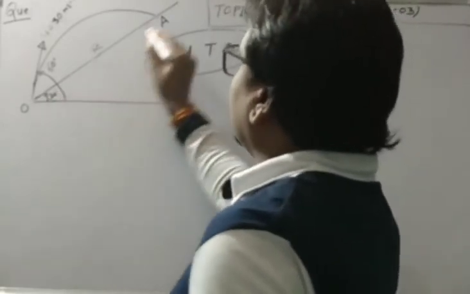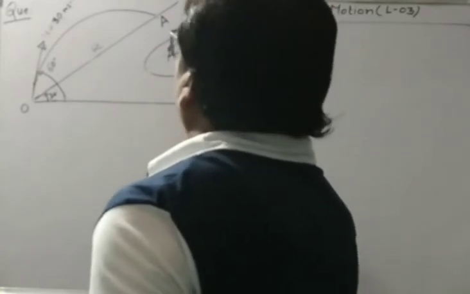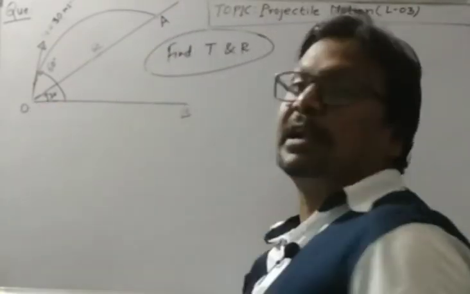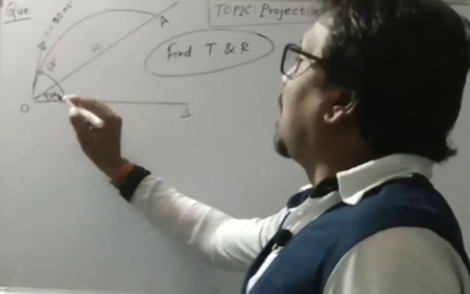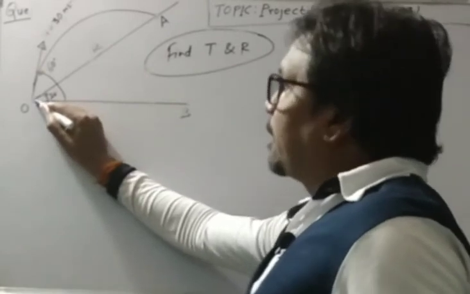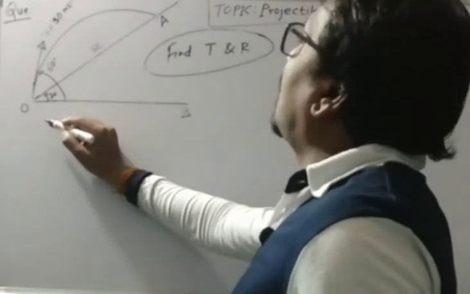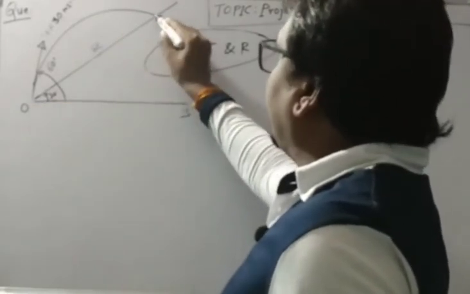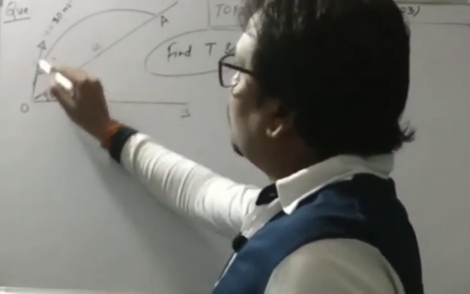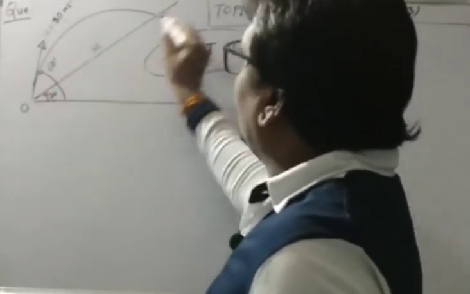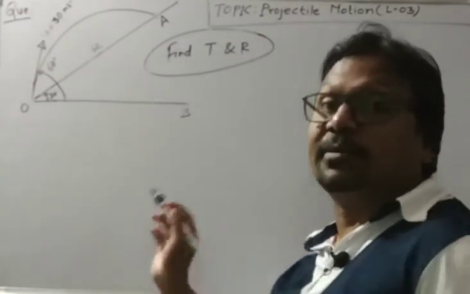This is the inclined plane AO, and suppose this is B. AOB is the inclined plane, the angle of inclination is 30 degrees and the initial velocity of projection is 30 meter per second, and it strikes the inclined plane at point A. The angle of projection is 60 degrees and the angle of inclination is 30 degrees. These data are given in the numerical.